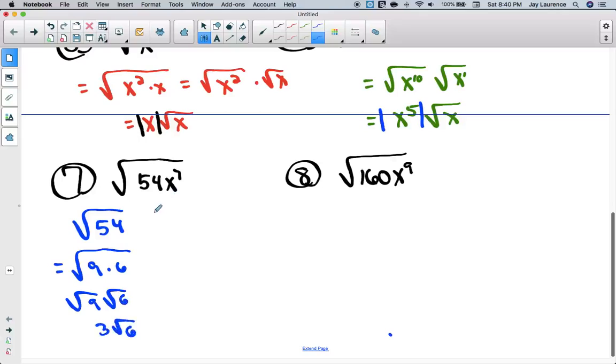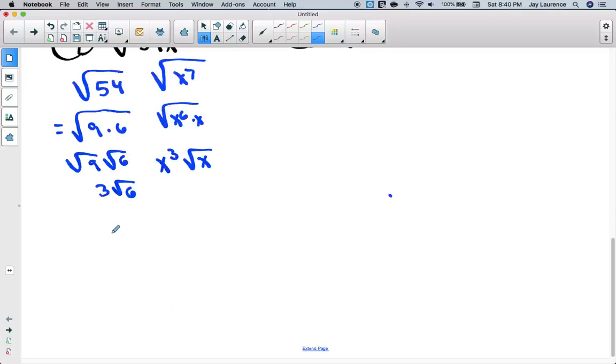And then I could do the x to the 7th, which I'm going to think about as rad x to the 6th times x, which is going to be x cubed rad x. And so now I can put it together, and I'm going to go 3x cubed rad 6x.